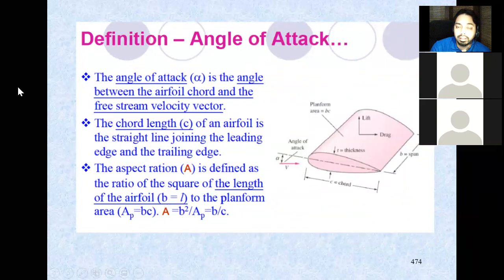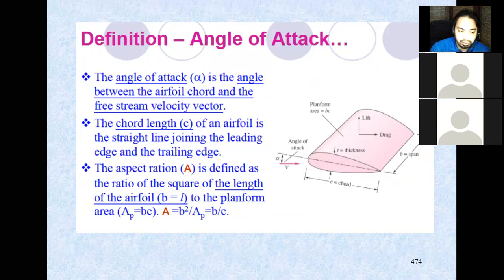Then the angle of attack determines the orientation relative to the free stream velocity. This is the angle of attack, and the axis and the velocity are over here.